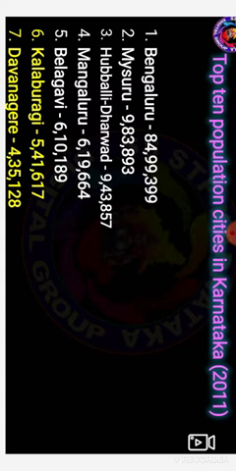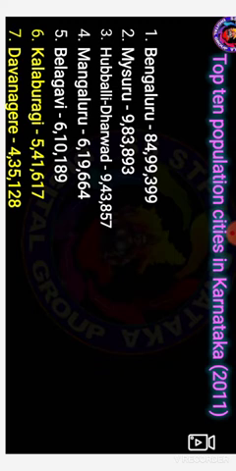At the first place is Bengaluru, second Mysuru, third Hubballi and Dharwada, next Mangaluru, Belagavi, Kalaburgi, then Davangere, Ballari, Vijayapura, and the 10th place is Shivamogga.